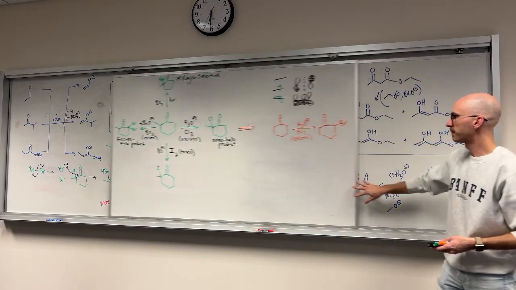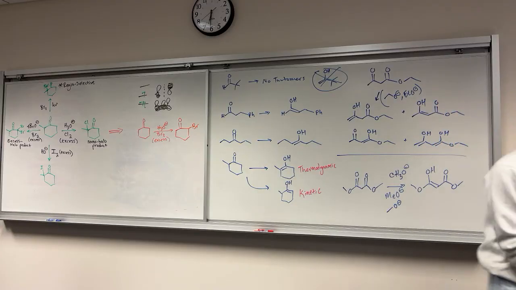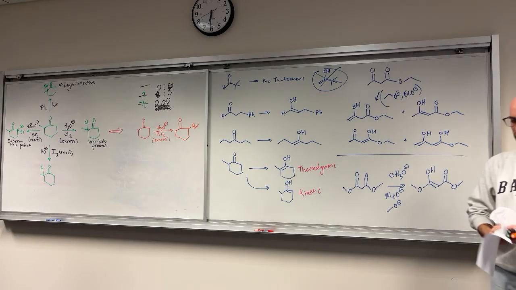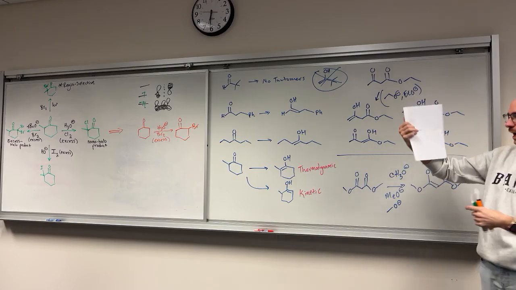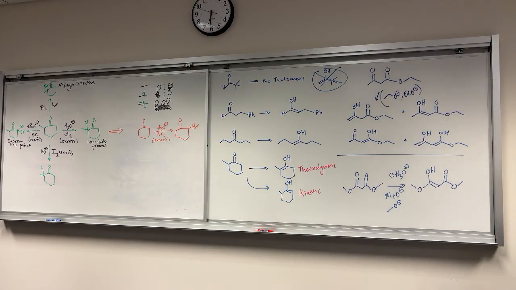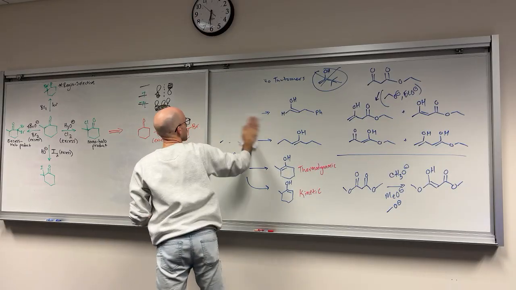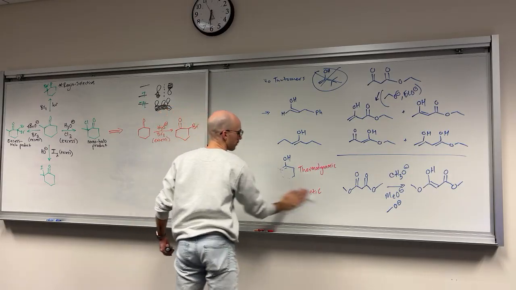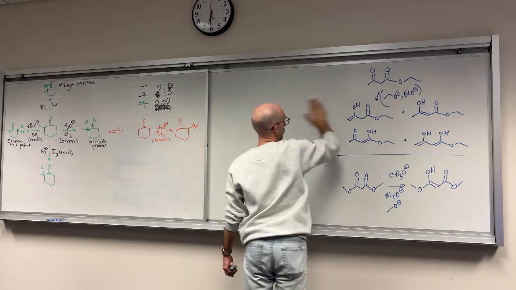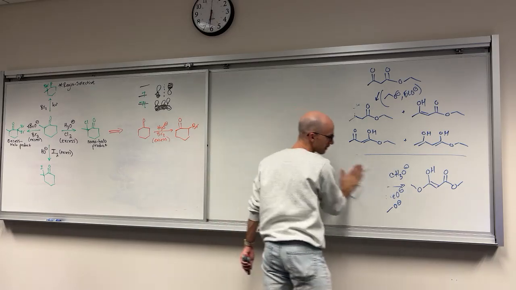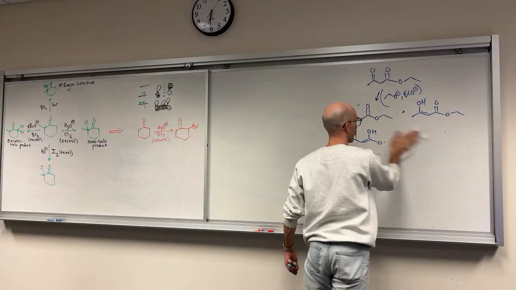On the bottom, you'll notice that there's another reaction that has benzene and then a methyl group on one side. What we're going to react this with here is excess sodium hydroxide and excess chlorine.